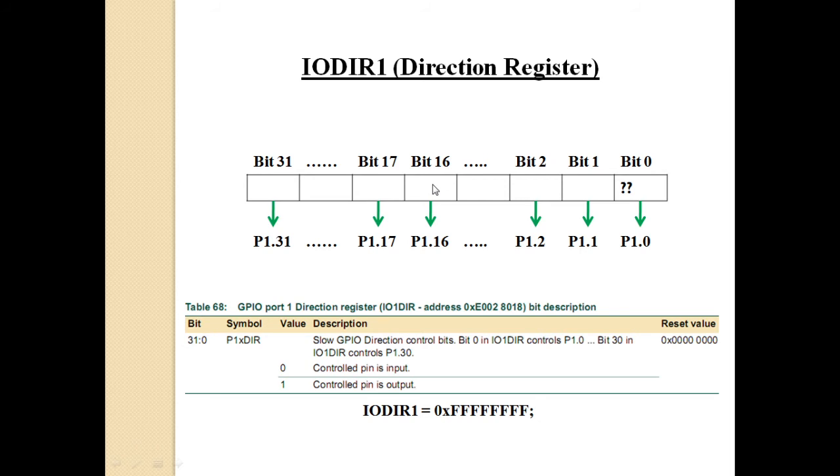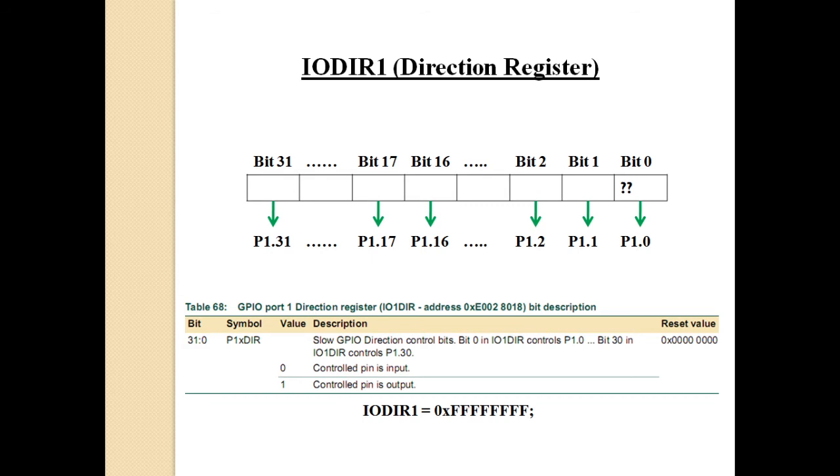So when you are writing 1 here, you are configuring P1.16, that corresponding pin, as output. Similarly, all the other bits from 16 to 31 should be configured as output. Why? Because you are connecting 16 LEDs.